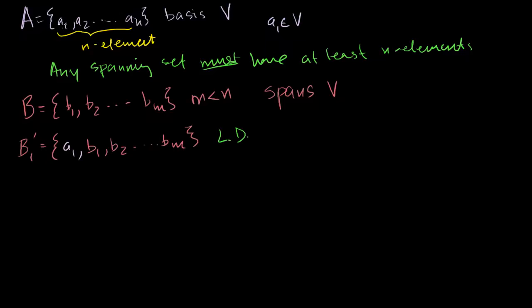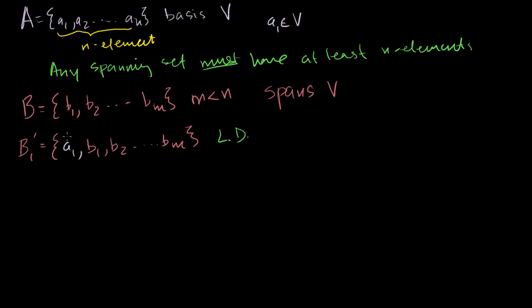Another way to say it is that every linear combination of these vectors is in V. And one of those linear combinations is where you set the coefficient on A1 to be 1 and the coefficients on everyone else to be 0. So obviously A1 is also in the set.